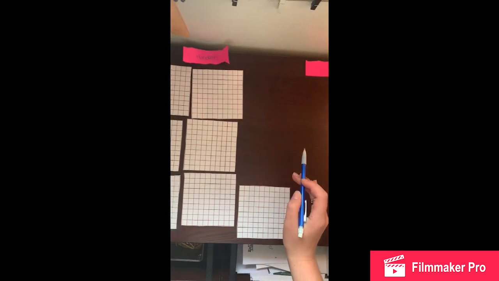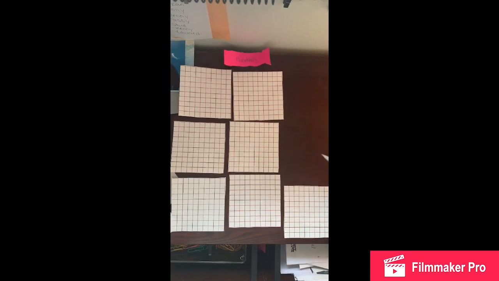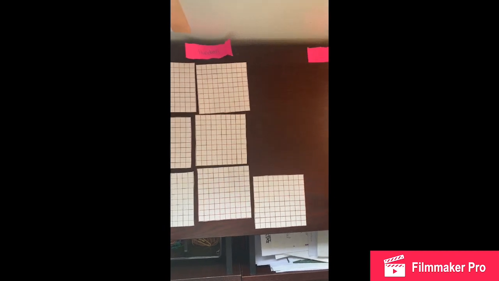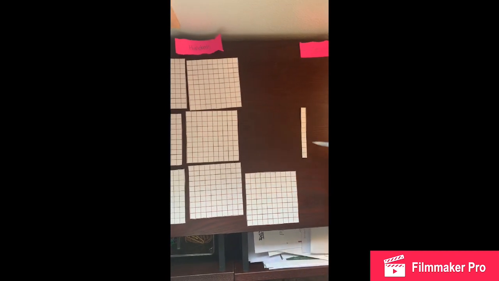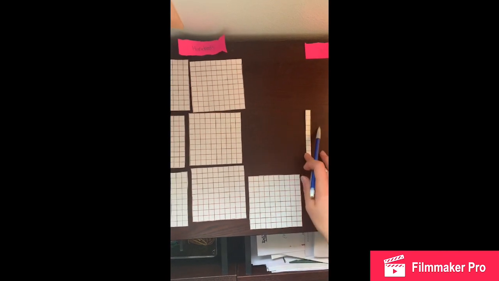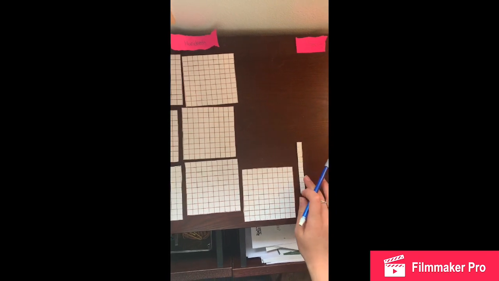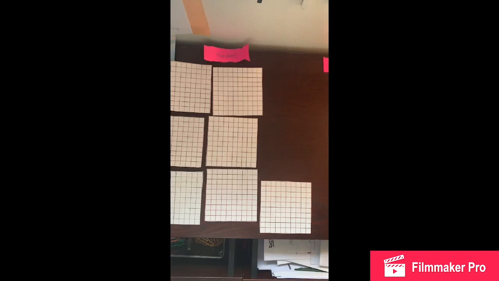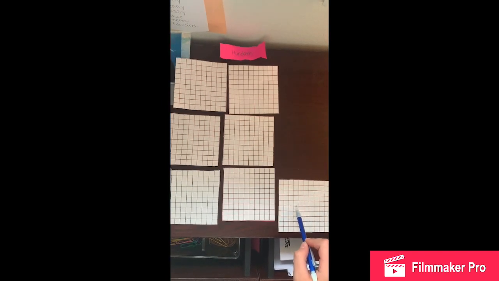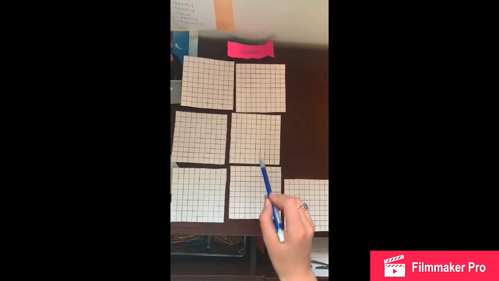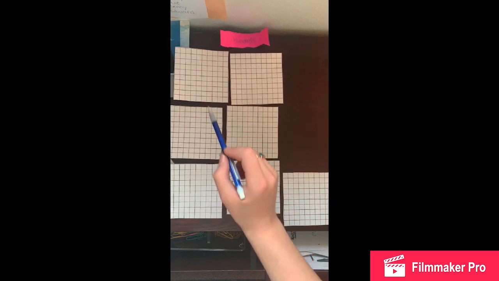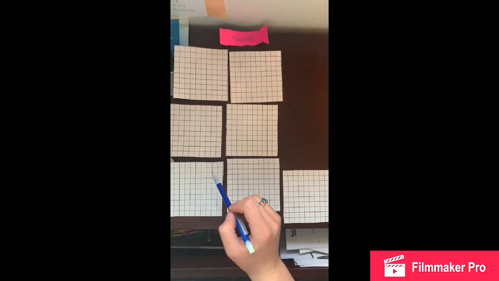So we're going to move over to our 100s. And we know that each 100 is 10 of our 10 strips. So I know that if we add 10 times, we're going to get 100. I can go ahead and count how many I have here. So I have 1, 2, 3, 4, 5, 6, 7.